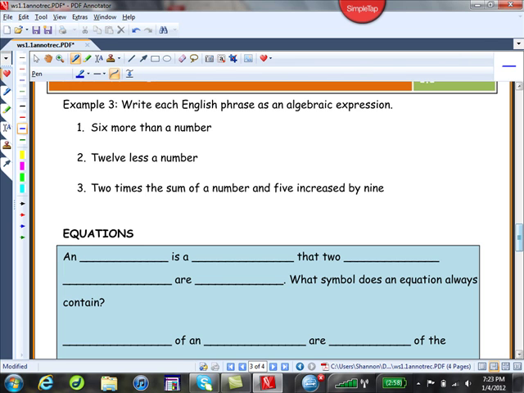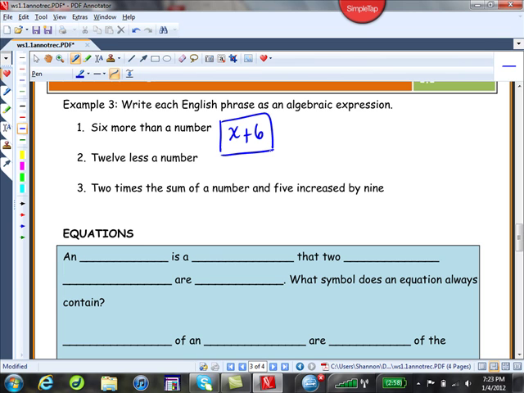So here we go. Let's translate this English phrase into mathese. So write the English phrase as an algebraic expression. I'll start off. 6 more than a number. Right? So 6 more than a number we could write as x plus 6. 12 less a number.